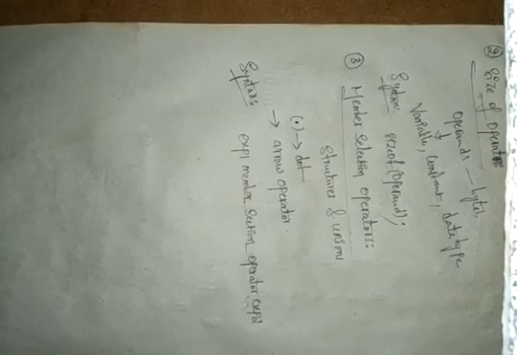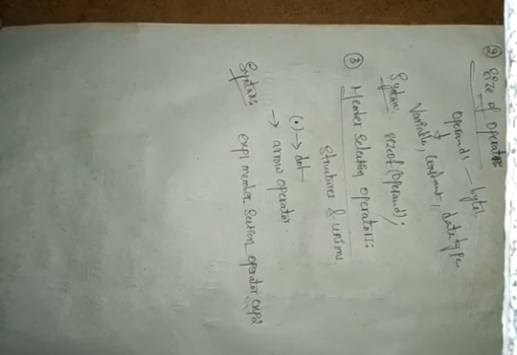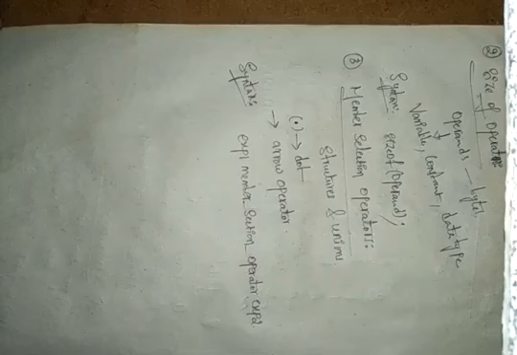Then the increment and decrement operator, which takes plus and minus by a value. And we have the conditional operator, which uses a question mark with a colon. It takes expression 1, expression 2, expression 3, and in between we give the question mark and colon.